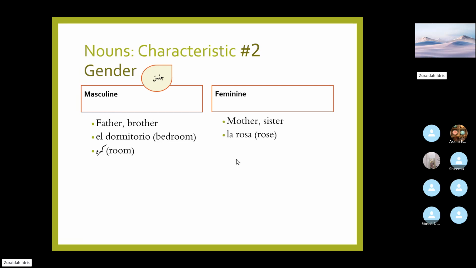If you have a word like kursi, then it's feminine. In Arabic it's the same thing, only the terms will be in Arabic. Gender is jinsun. When we talk about masculine, we use the term muzakkar. When we want to call something feminine, we use the word mu'annas. Any questions so far?